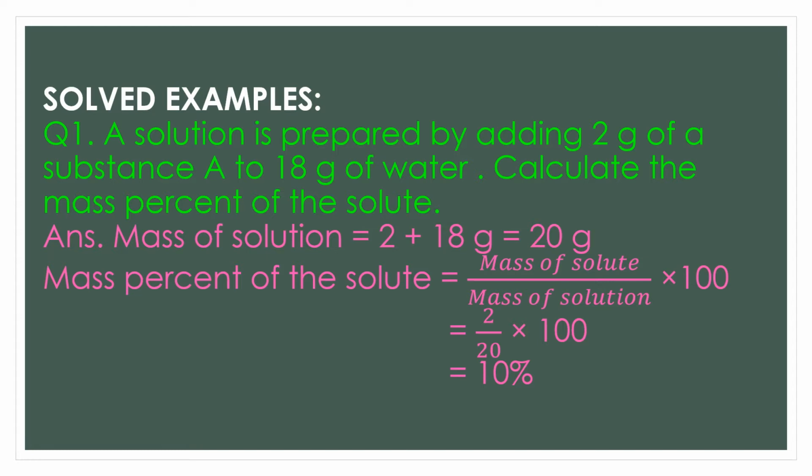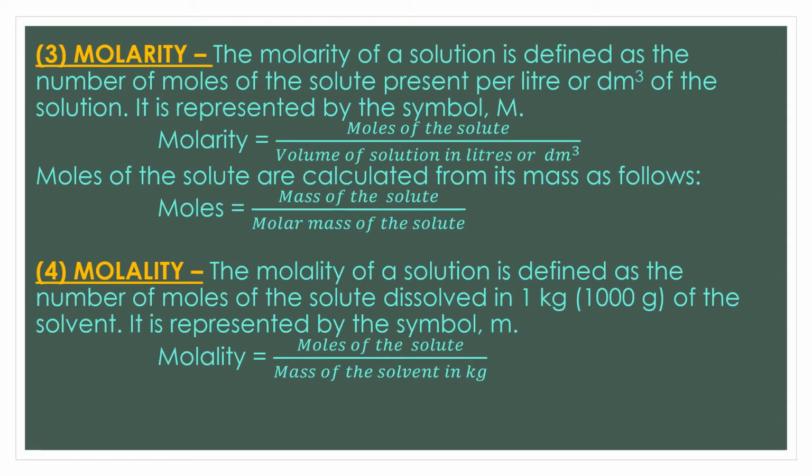Now applying the formula, mass percent of the solute is equal to mass of solute by mass of solution into 100. Solute is 2 grams divided by 20 grams into 100. That comes to 10%.